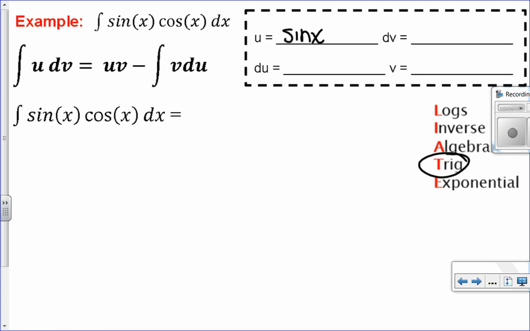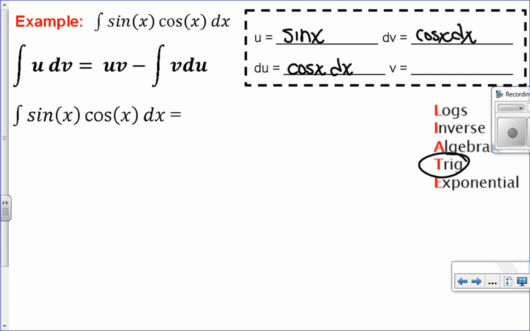So if I make u sine x, that means dv will be cos x dx. So the derivative of u, the derivative of sine x is cos x dx. And if I have dv being cos x dx, I ask myself, the derivative of what function is cos x?